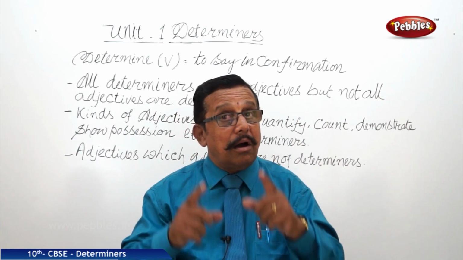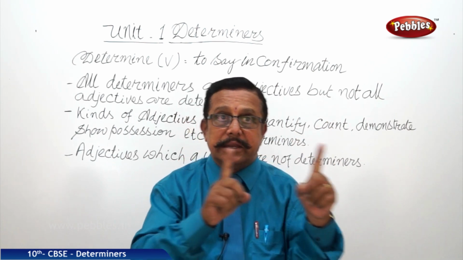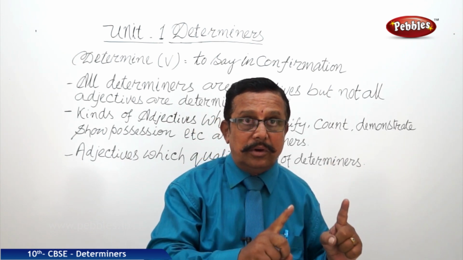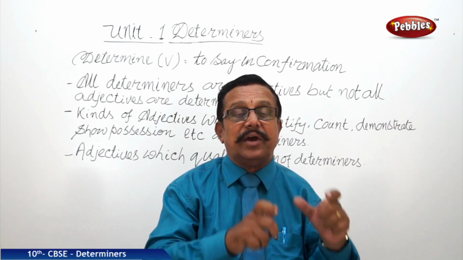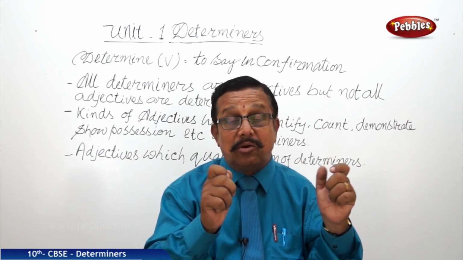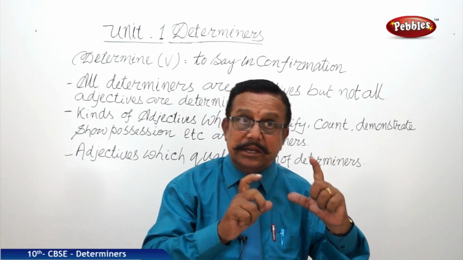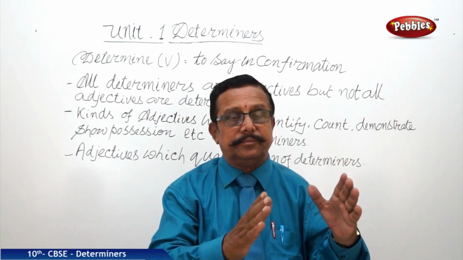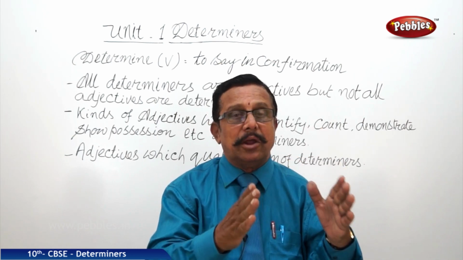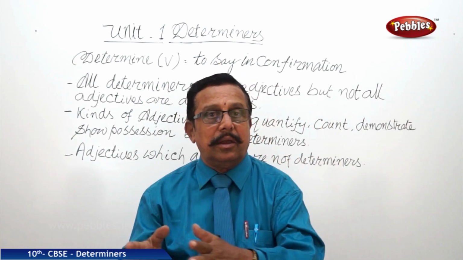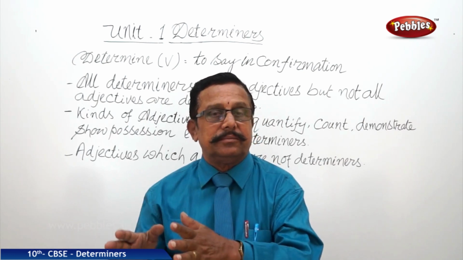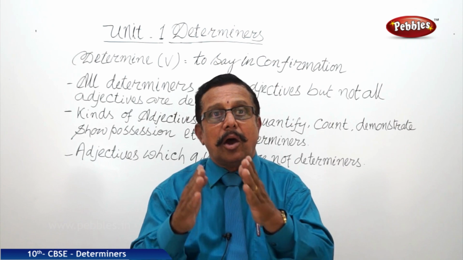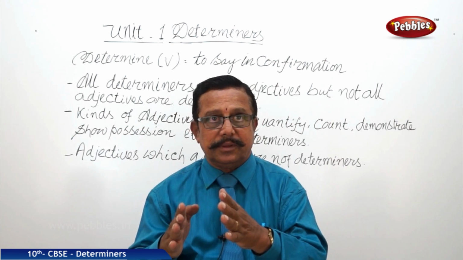So all determiners are adjectives because they come in front of the noun and they quantify the noun. I am not saying qualifying the noun. They describe the noun, but they talk about the quantity. They determine how many or how much there is.